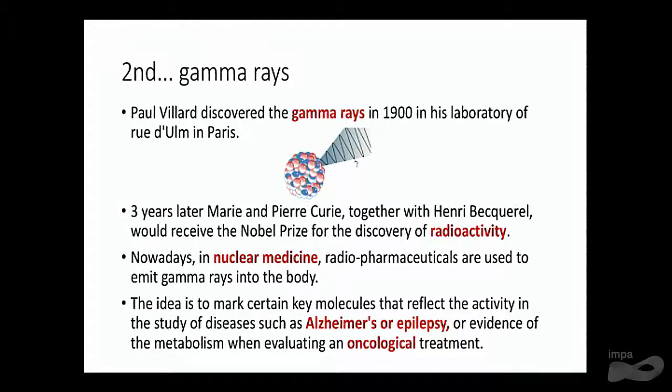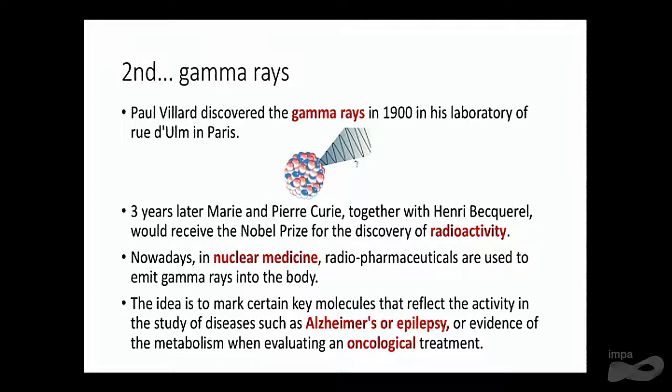So we will use this tool. And also, in the case of nuclear medicine, they use not X-rays, but gamma rays, which are really energetic electromagnetic waves, the most energetic ones, discovered a long time ago.